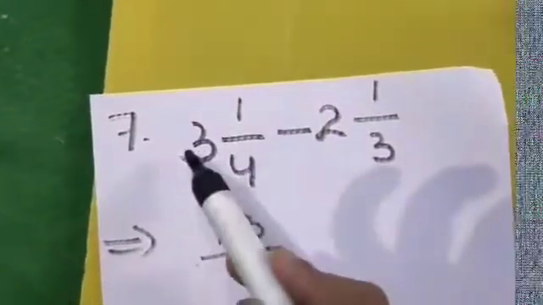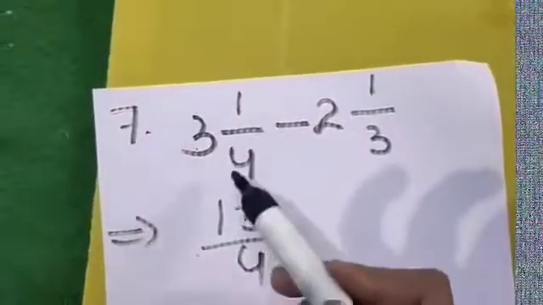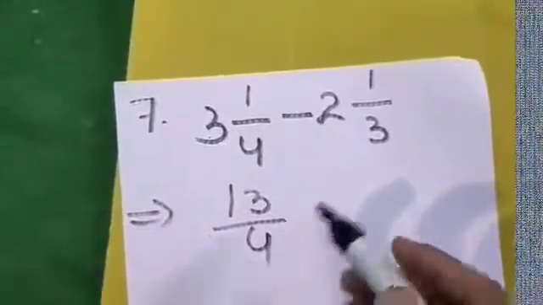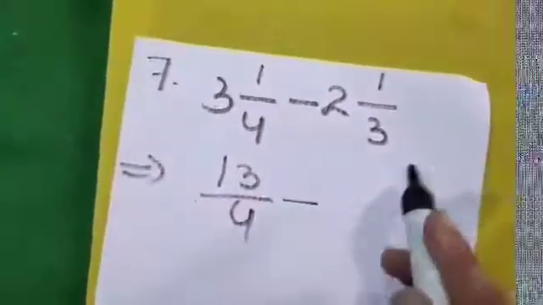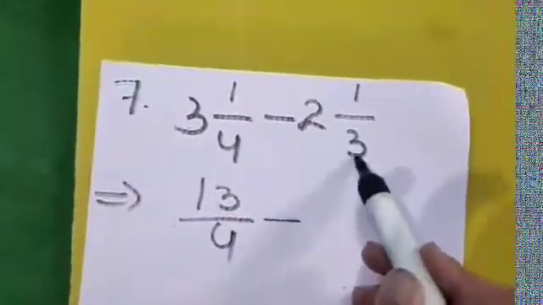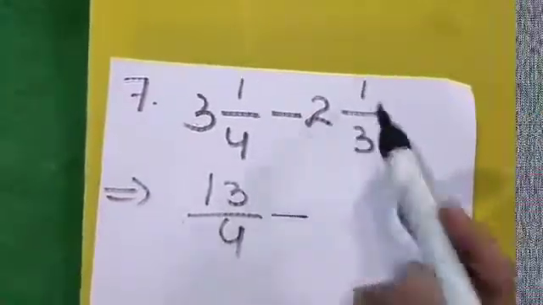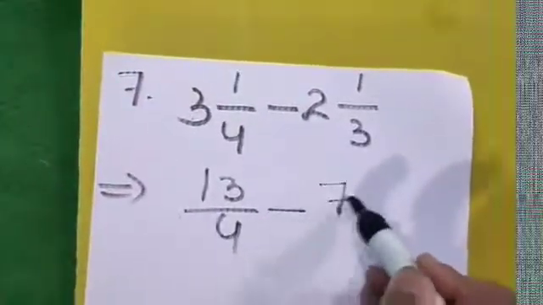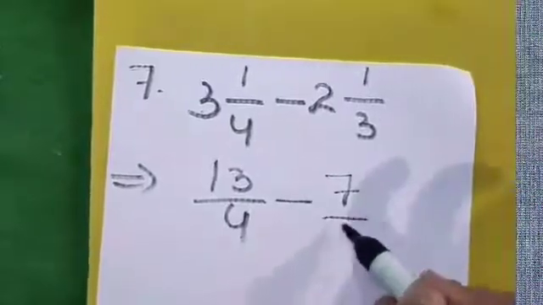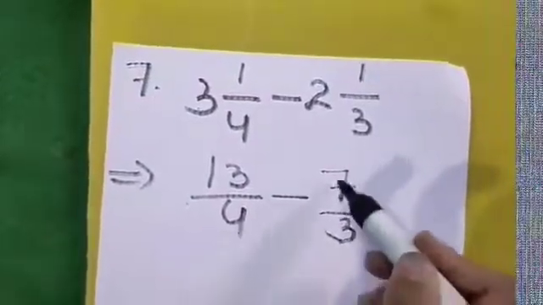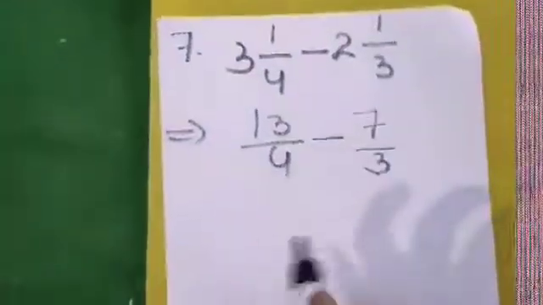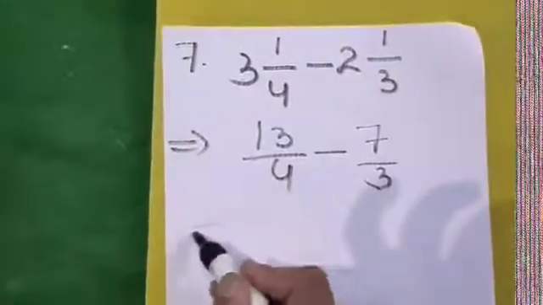That means the mixed fraction 3 whole 1 upon 4 is equal to 13 upon 4. And the next mixed fraction is 2 whole 1 upon 3. 3 times 2 is 6, added 1 is 7, that means 7 is the numerator and the denominator is 3. It becomes 7 upon 3. Now we have to subtract these two.